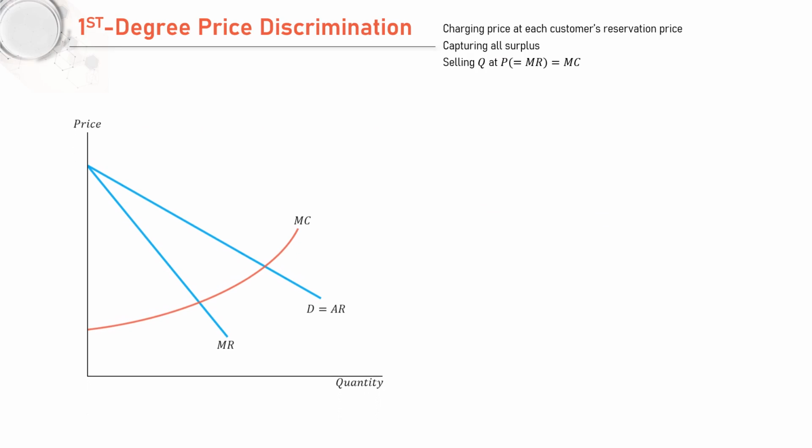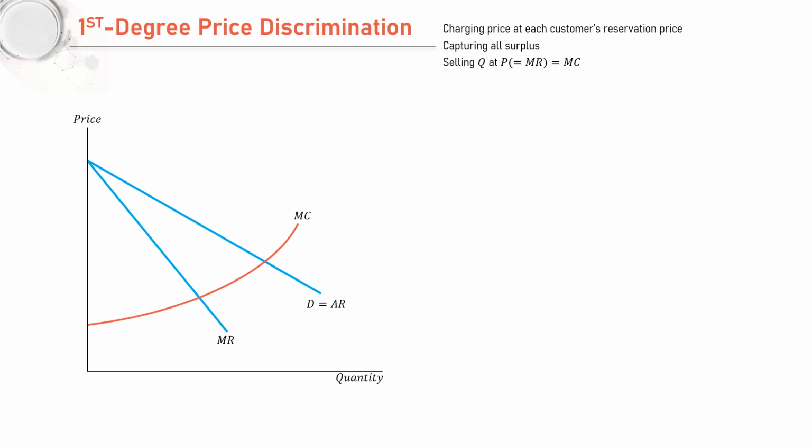Now let's talk about the first case, the first degree price discrimination. Let's check this familiar diagram of a monopoly case. Without price discrimination, as usual, the intersection between MR and MC curves is the starting point. So Q star will be produced and sold at a single price PM.